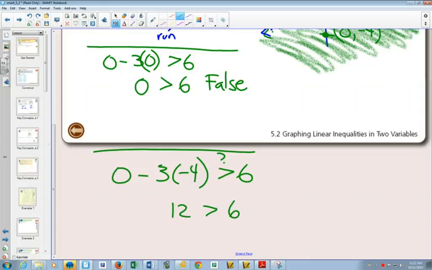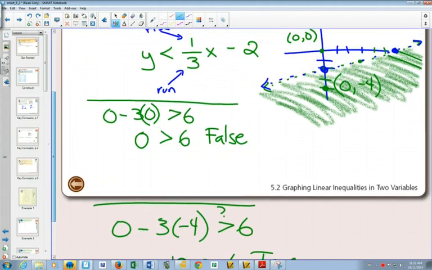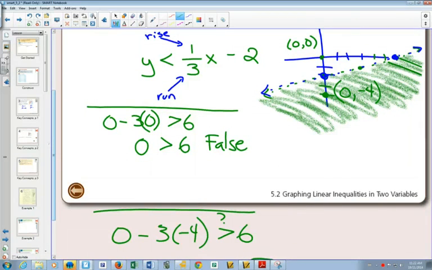That becomes 12. Is 12 greater than 6? True. So if your test point was true, then that would mean you'd shade the place where the test point was. If your test point is false, you'd shade the other part. So that's how you can use test points if you want to check which sections are true and which ones are false.